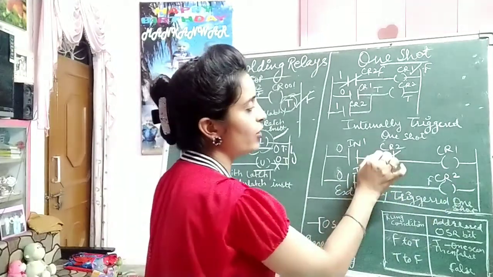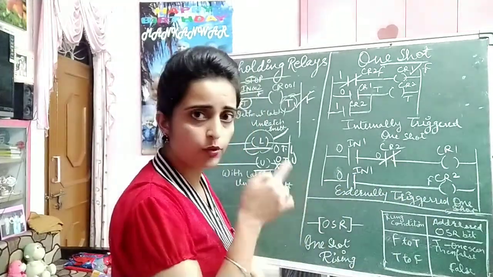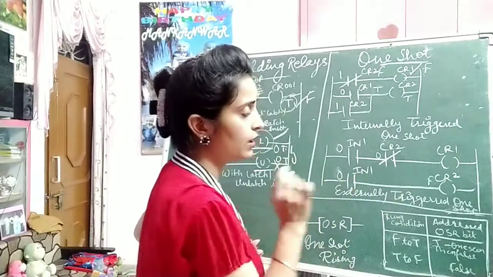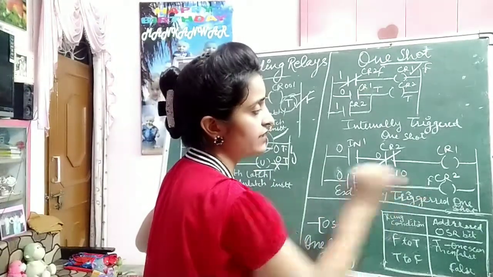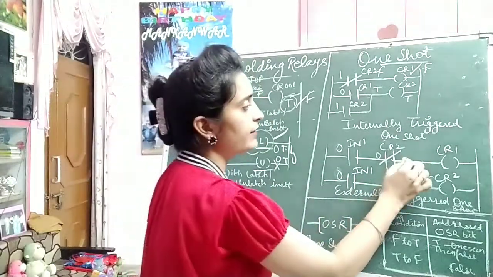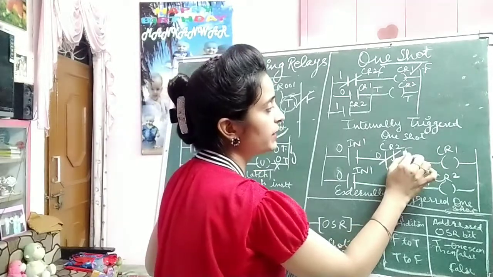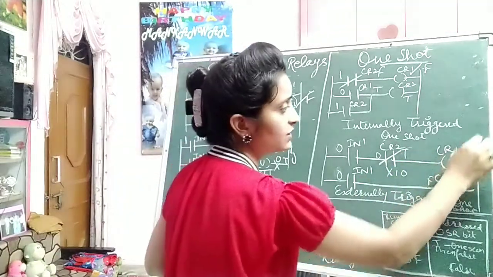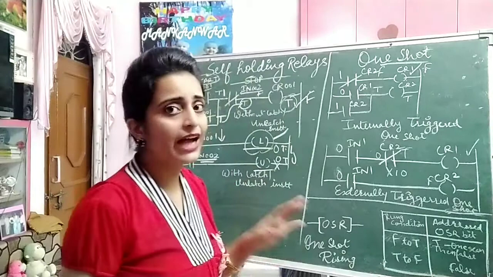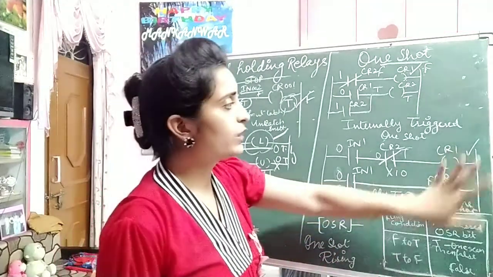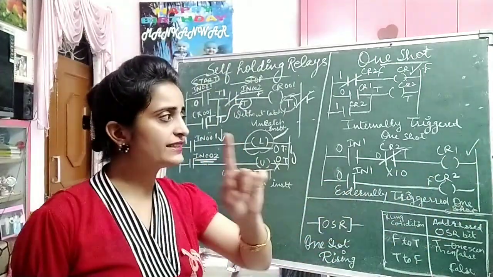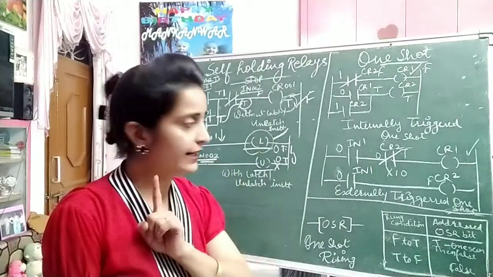If it is false, then this 0 input will be given to this XIO instruction, right? Then here it will be true and CR1 will start its work, and it will work for one scan time, right.